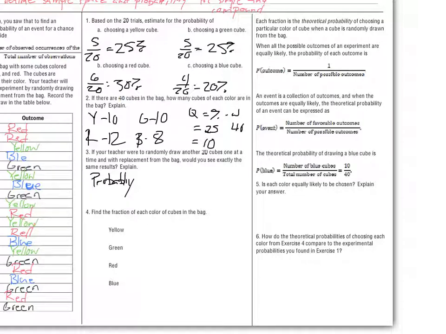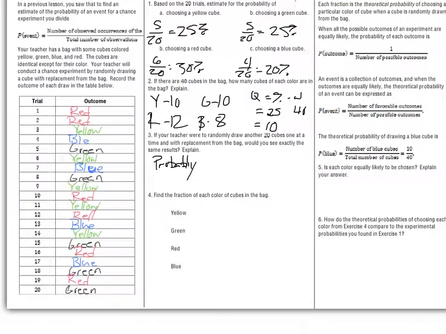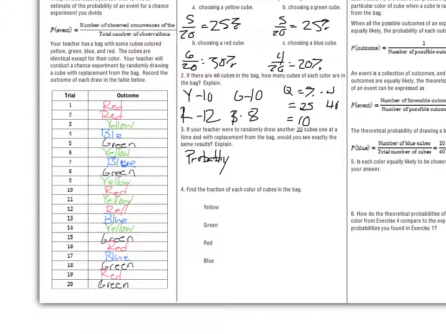So if I went ahead and dumped out the bag, you would find that there are 40 cubes in the bag, and there are 10 yellow, 10 green, 10 red, and 10 blue. Go ahead and find the fraction of each color cube in the bag.